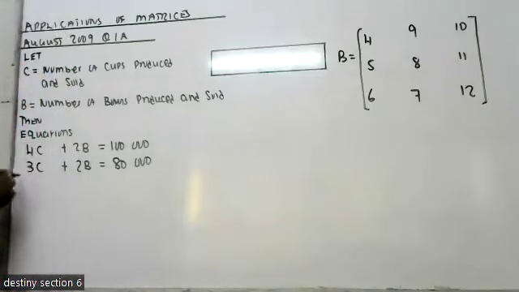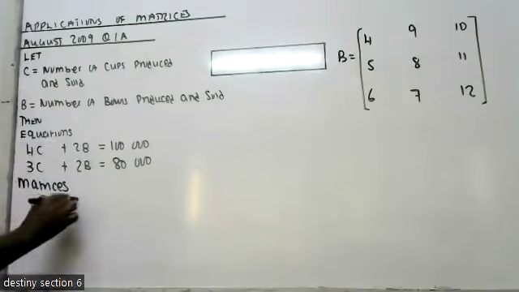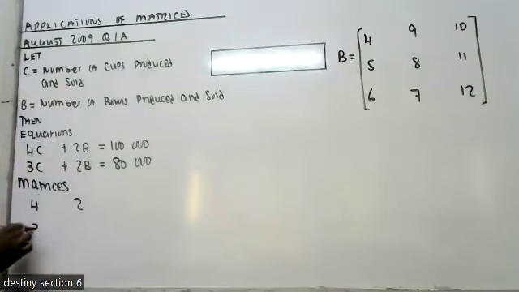When you have those equations, you express them in matrices. And when you want to express equations in terms of matrices, you take these coefficients. So we are going to have 4, 2, 3, 2.